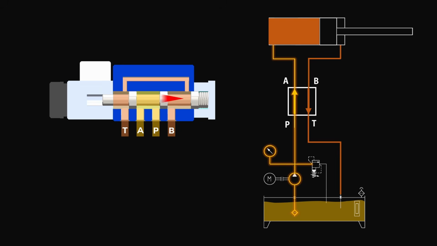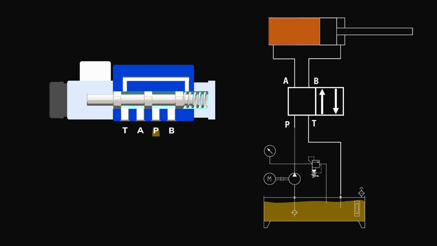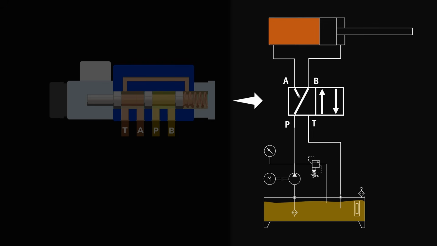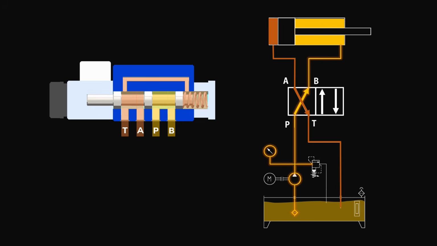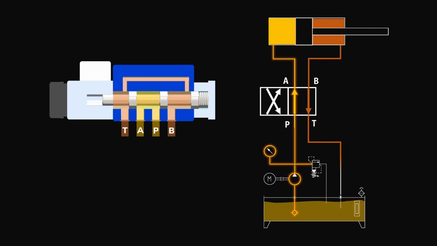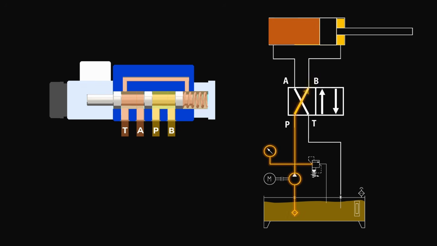Now when the spool moves to another position, the internal connections change. Now the valve connects P to B and A to T. So the cylinder retracts. And this is why it is called a directional control valve, because it simply controls the direction of fluid flow inside the hydraulic system.